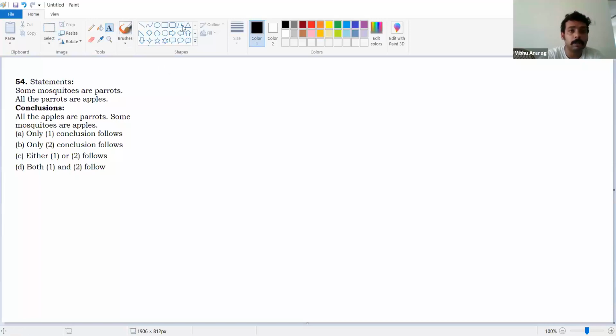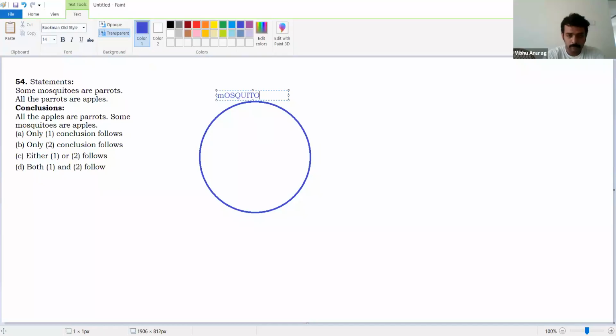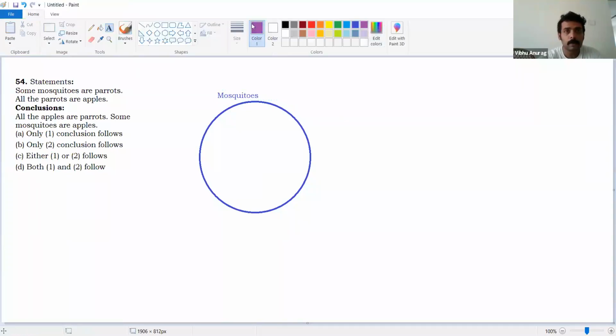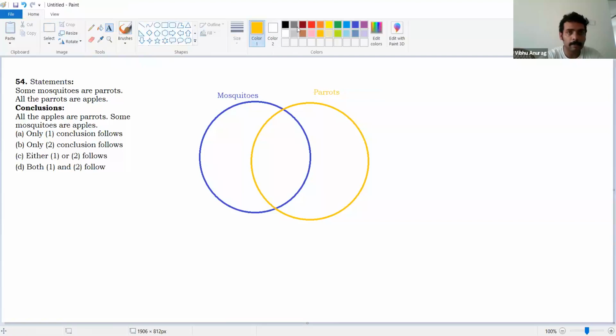So some mosquitoes are parrots. Actually, I think we should better change the color. Some mosquitoes are parrots, and all the parrots are apples.